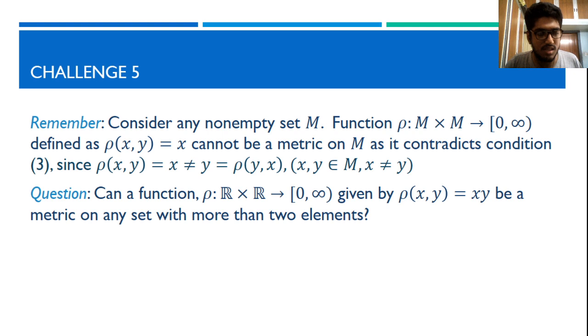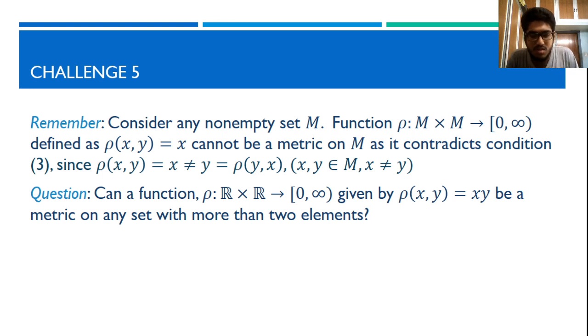So let's see. The question goes this way: can a function rho from R cross R to the closed interval 0 comma infinity, given by rho of x comma y is equal to xy, be a metric on any set with more than 2 elements? Earlier we discussed rho of x comma y is equal to x.